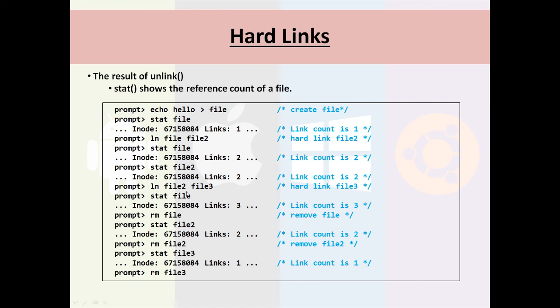We do another link with file 2 and 3. So now there are 3 links, and then we remove the original file. So there's 2 links, we remove file 2, there's 1 link. And then finally remove file 3, and then there would be 0 links. So you can see how links are a much more efficient way of storing duplicates of the same file.